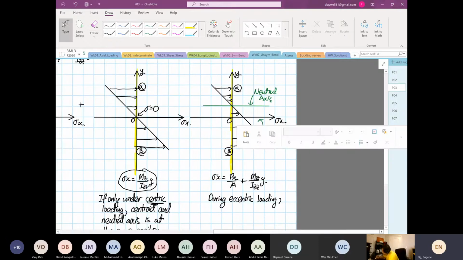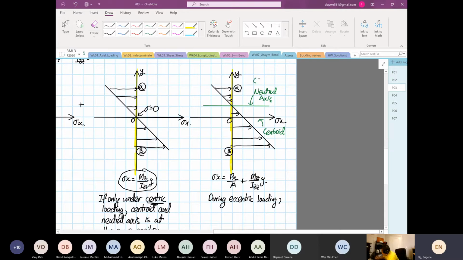So the neutral axis over here is based on stress. The centroid is based on geometry. I want you to see that. So there will be a shift.